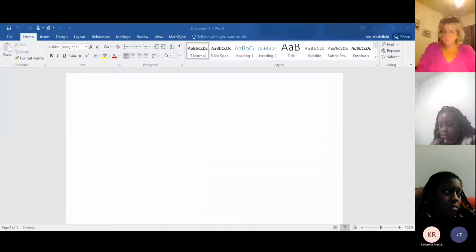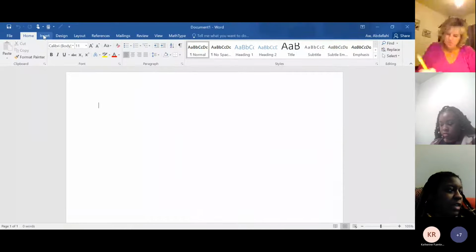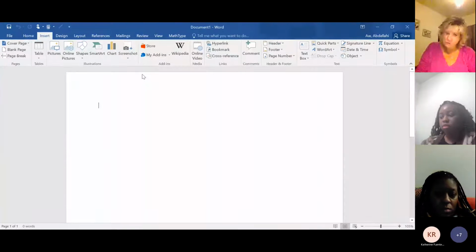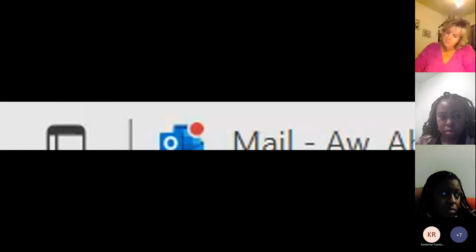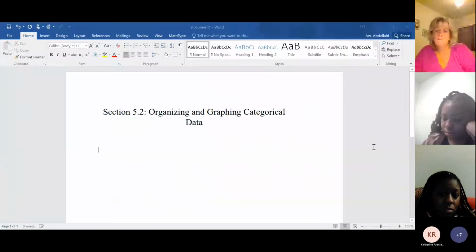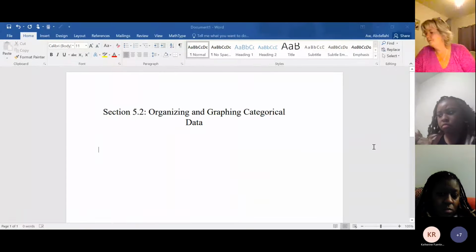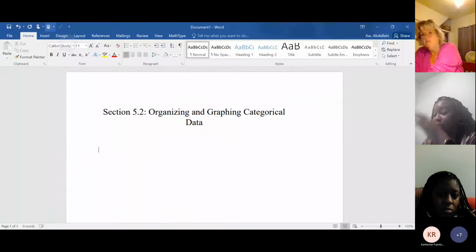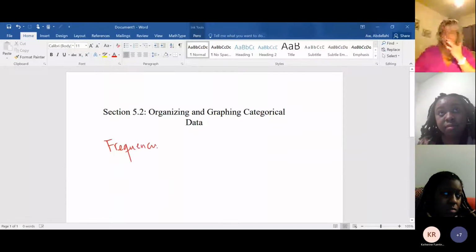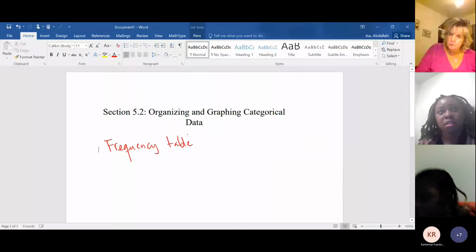5.2, organizing and graphing categorical data. This is the title. But first, before we do the bar graph, we're going to do what's called a frequency table.